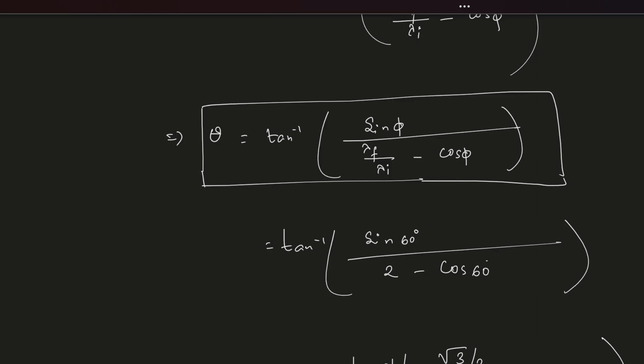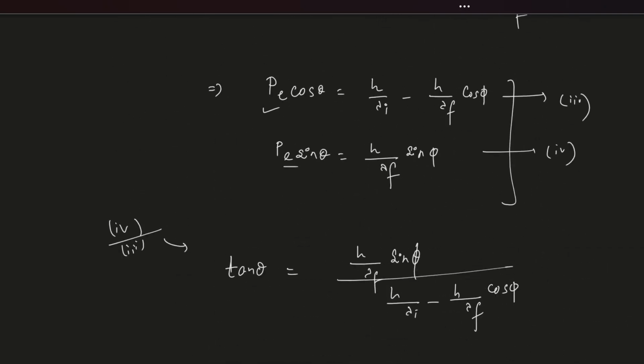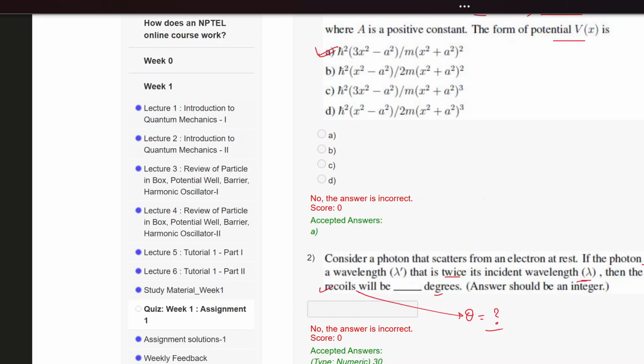This is tan inverse of root 3 by 2 divided by 3 by 2. So this is tan inverse of 1 by root 3, which you know is 30 degrees. So the recoil angle of the electron, the answer to this problem number 2, is 30 degrees. So we mark this here.